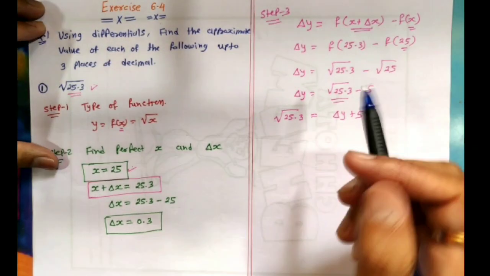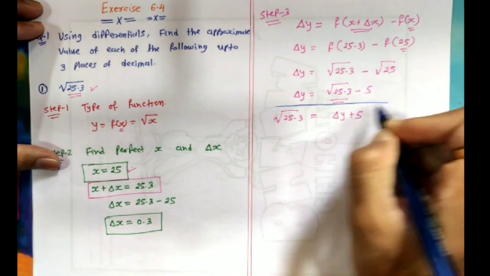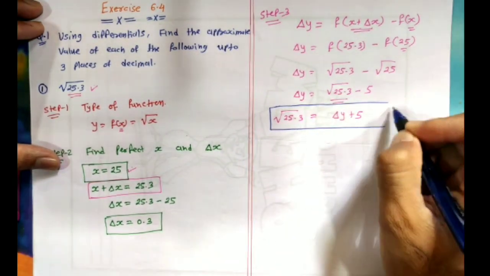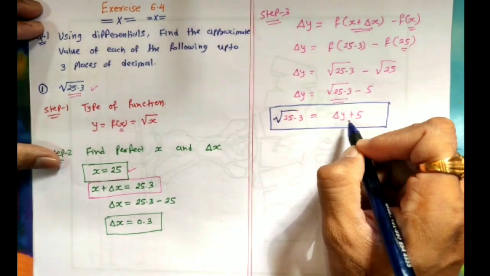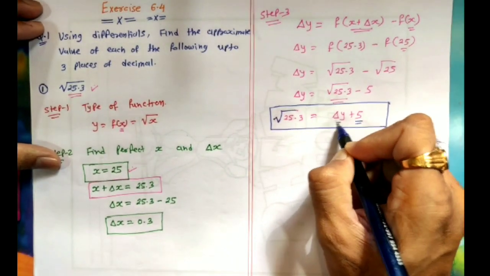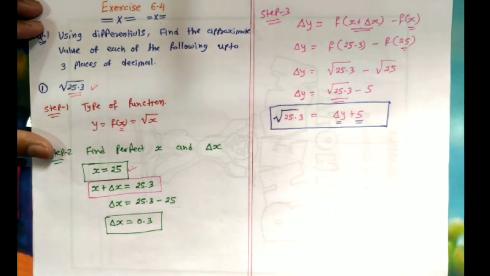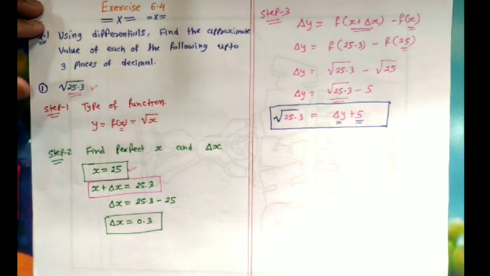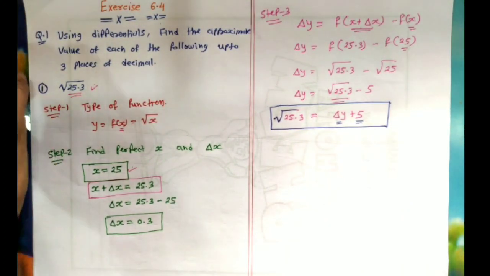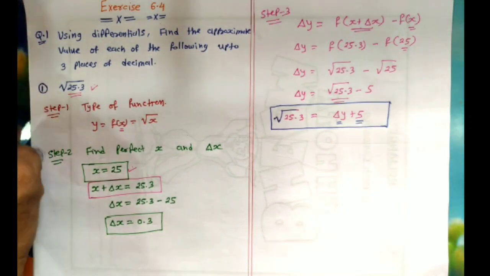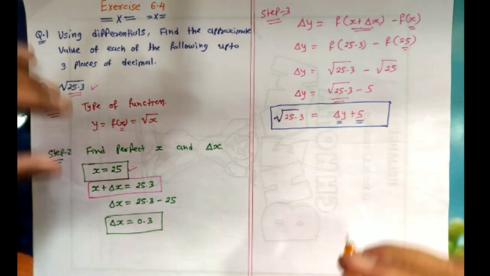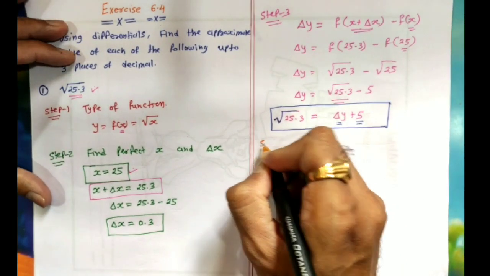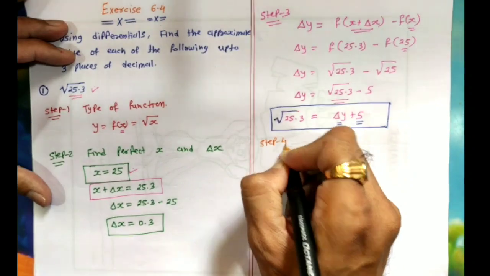So on completion of step number 3, the value of the square root of 25.3 is 5 plus delta y. Now step number 4 is to find the value of this delta y.